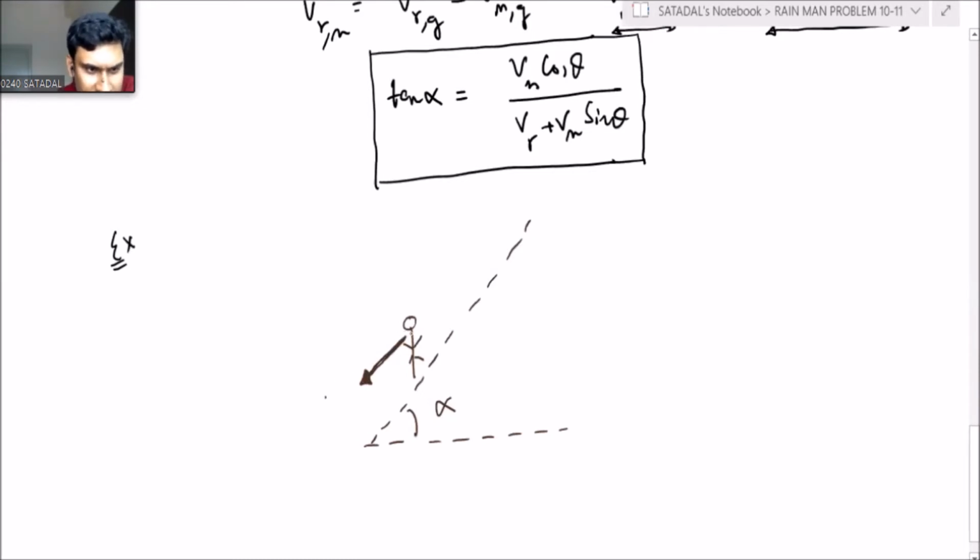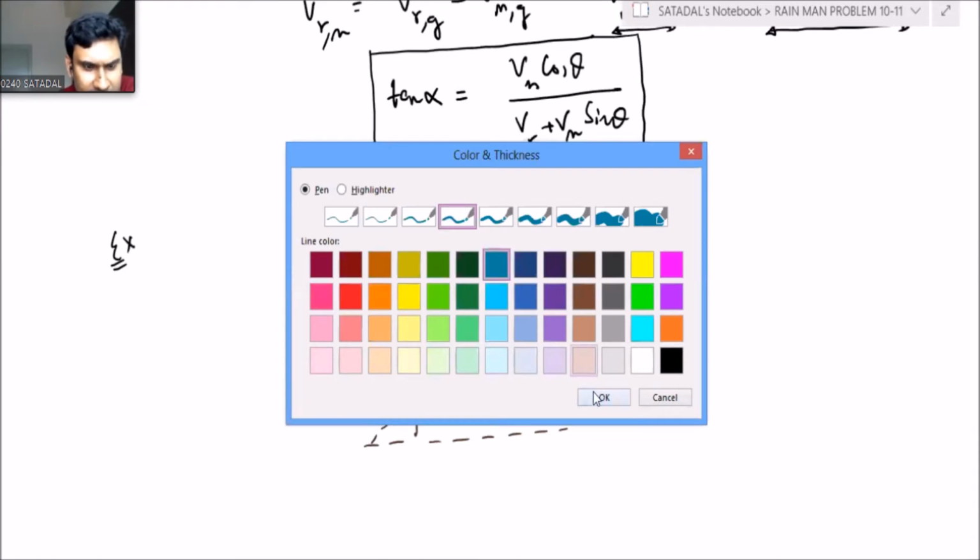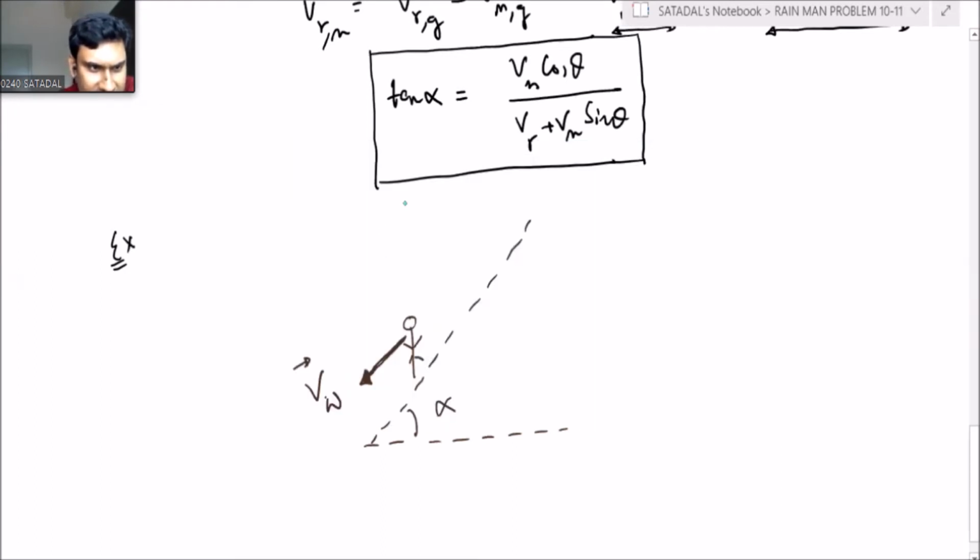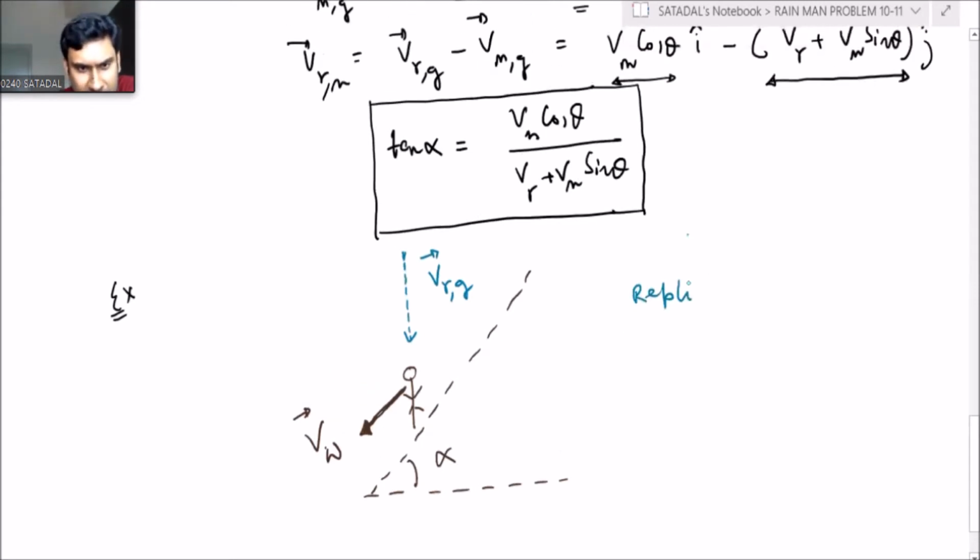This is V woman. The rainfall is still the same, in the vertical direction. This is V rain with respect to ground. So replicate the previous case. Do it.